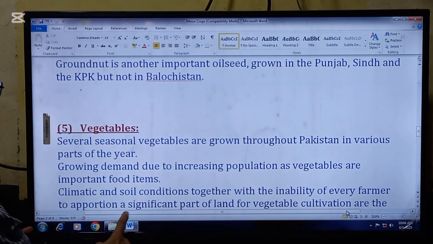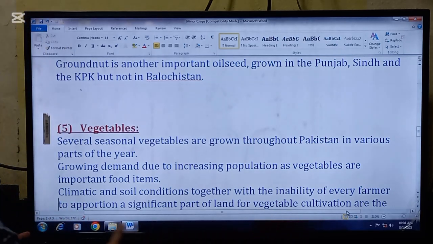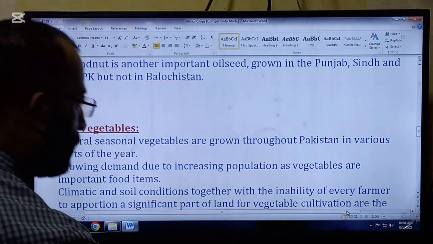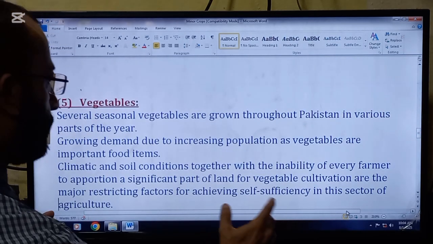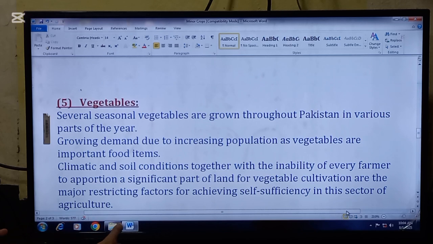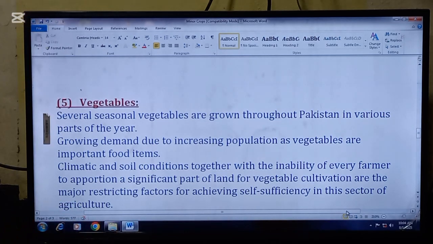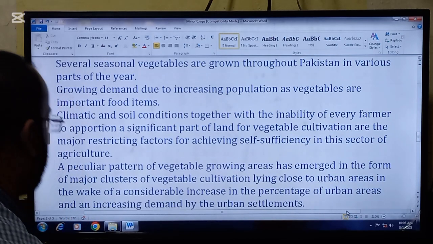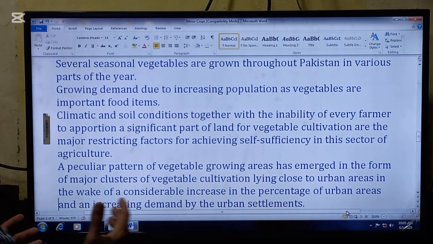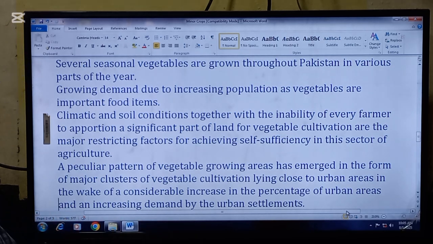Climatic and soil conditions, together with the inability of every farmer to apportion a significant part of the land for vegetable cultivation, are the major restricting factors for achieving self-sufficiency in this sector of agriculture. But the main factor is the rapid population growth. That's why we are not able to meet the demands of the population.